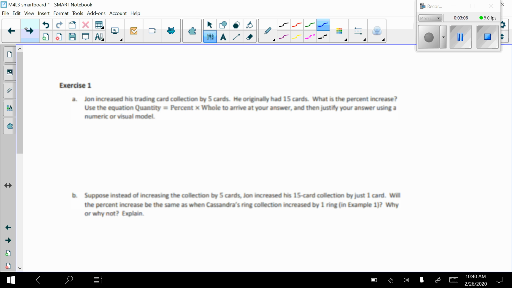John increased his trading card collection by 5 cards. He originally had 15 cards. What is the percent increase? It's saying to use the equation quantity equals percent times whole to arrive at your answer. We know that that is the same as change equals percent of original.